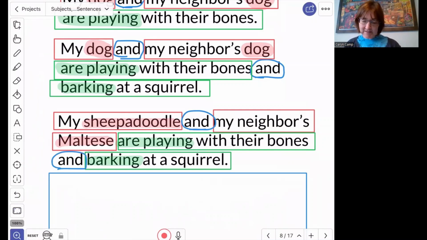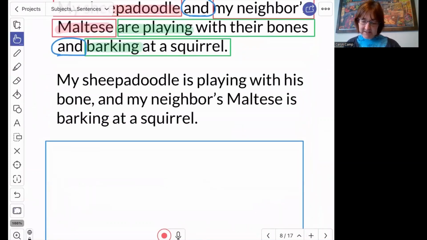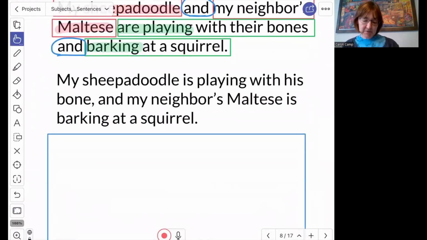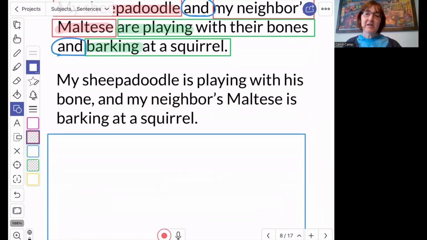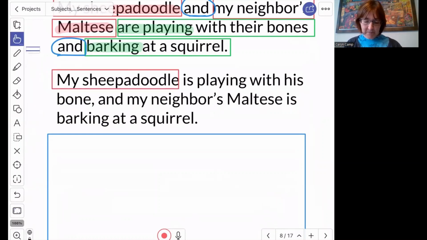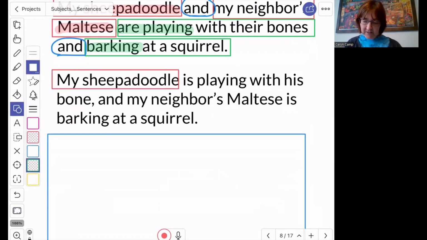All right, we were getting all set up to do a compound sentence, so let's see how it goes. My sheepadoodle is playing with his bone, comma, and, hint, hint, hint, my neighbor's Maltese is barking at a squirrel. All right, so let's see if we can analyze this sentence. The first simple sentence that comes before that comma and, the subject is my sheepadoodle, and what is my sheepadoodle doing?